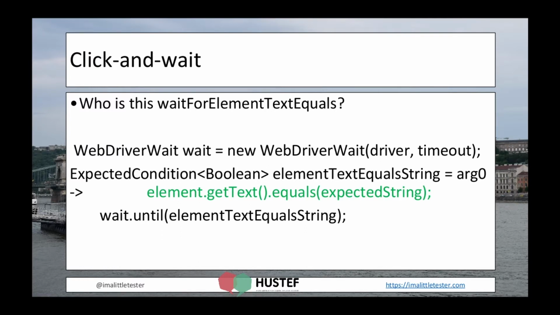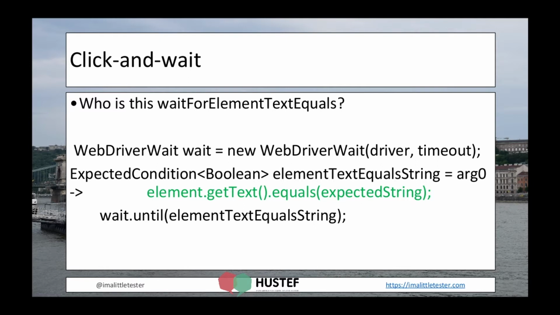And this evaluates to a Boolean value, so you don't need to do the whole try-catch thing. Whenever you're calling this wait method, you will have to pass in the element for which you're checking the text and the expected string. So this code will just check that on this element, the expected string is displayed, and once it is, the method exits successfully.